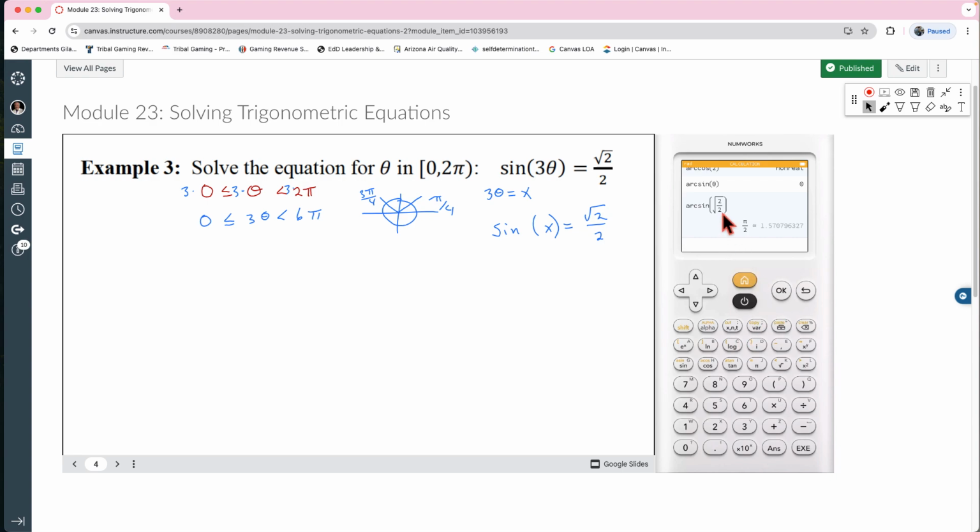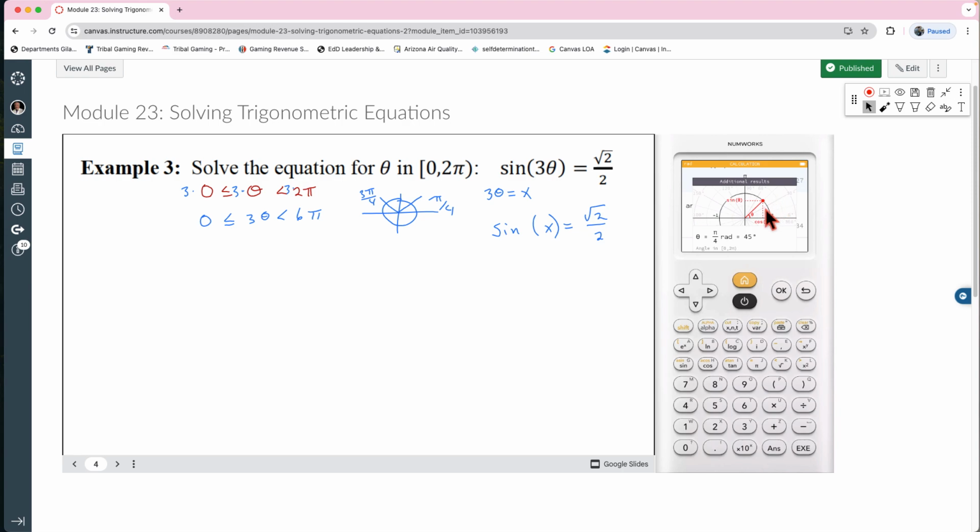I had a problem with my square root, right? So let's try this again. Arc sine of the square root of 2. I have to get out of my square root, and then I can divide by 2. There we go. So be careful. I almost didn't see that, but I knew the answer had to be pi over 4. And we come over here to our little 3 dots, and we execute on that.